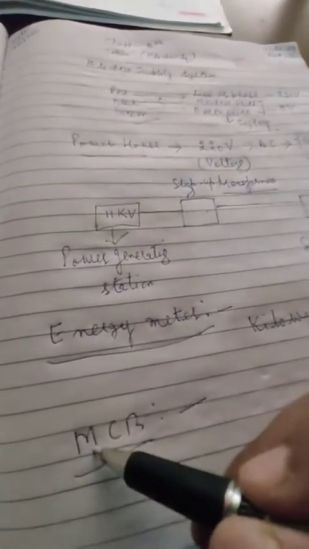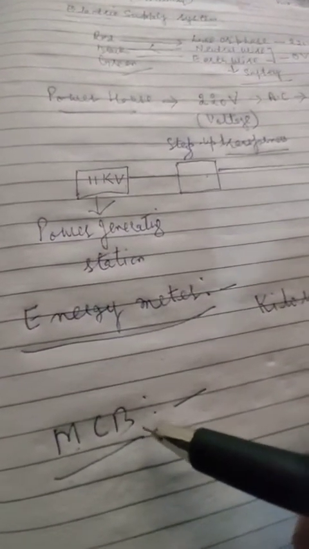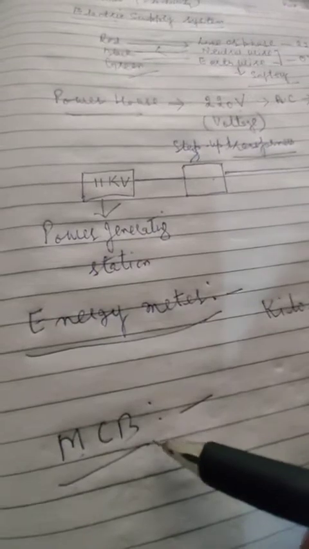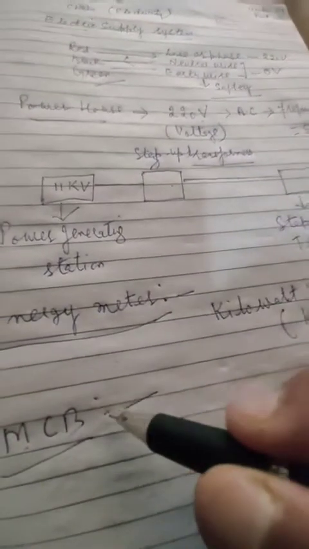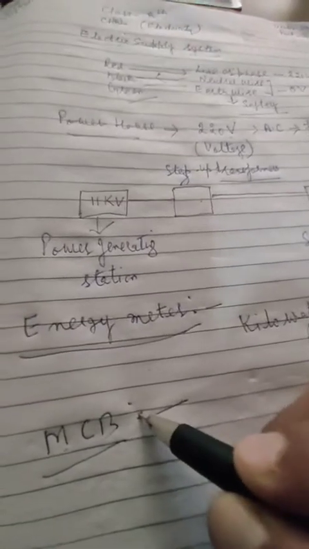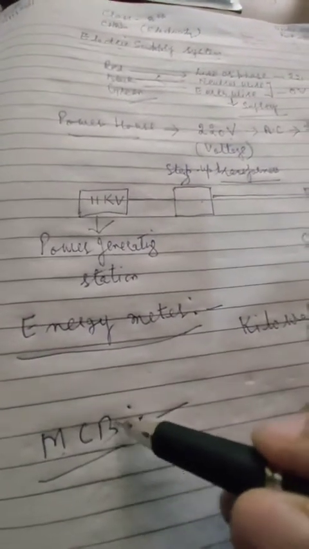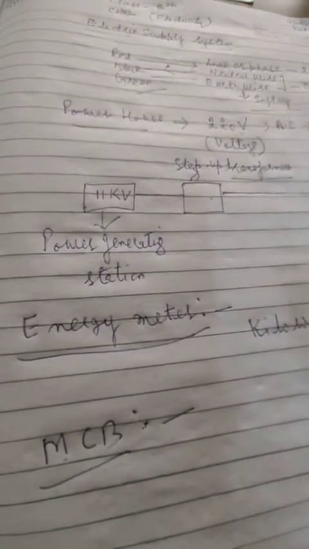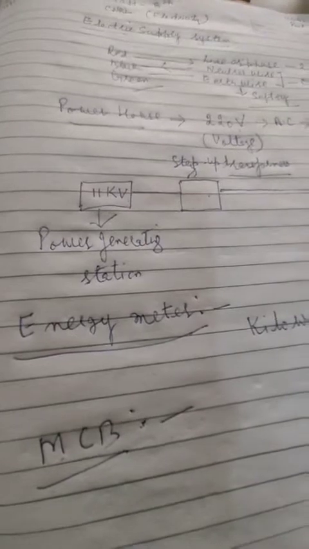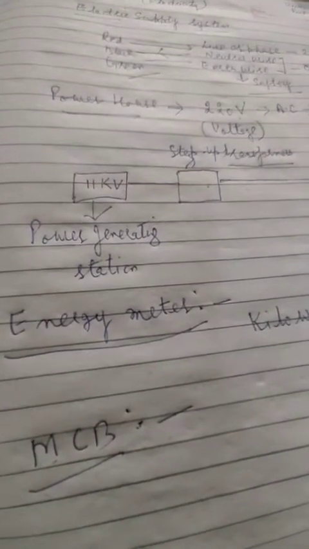Now MCB. This is miniature circuit breaker. This is an electronic device. When the current exceeds the limit, it gets tripped. Automatically it will get tripped and the supply will be cut off.